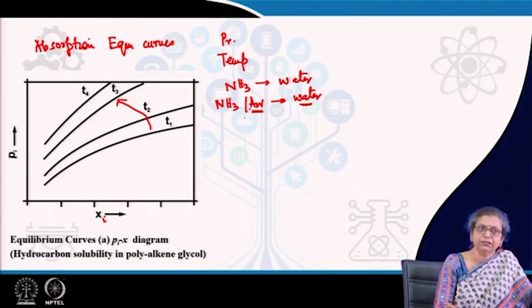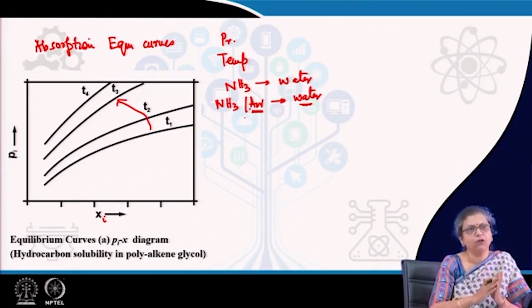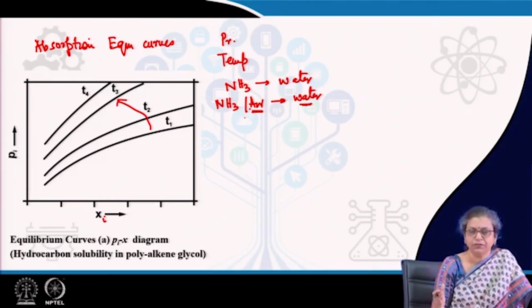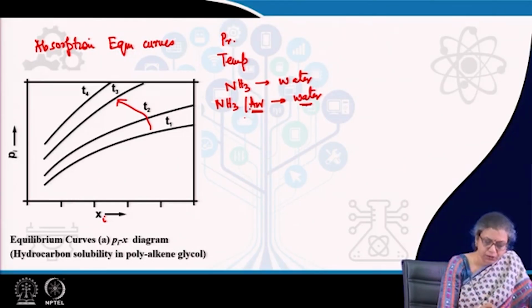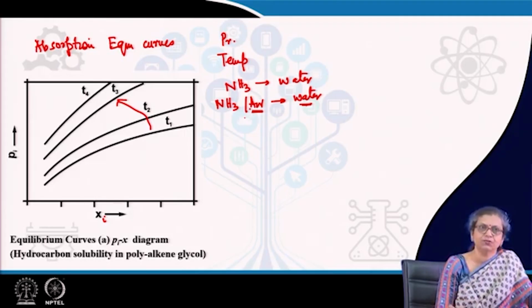Also, suppose there is a mixture of a number of gases, a number of which are soluble in the solvent. Then we can use the equilibrium curve for each particular solute, provided all of them form ideal solution with the solvent.